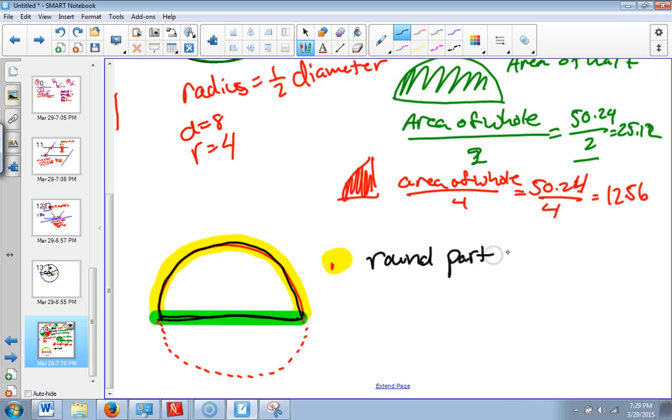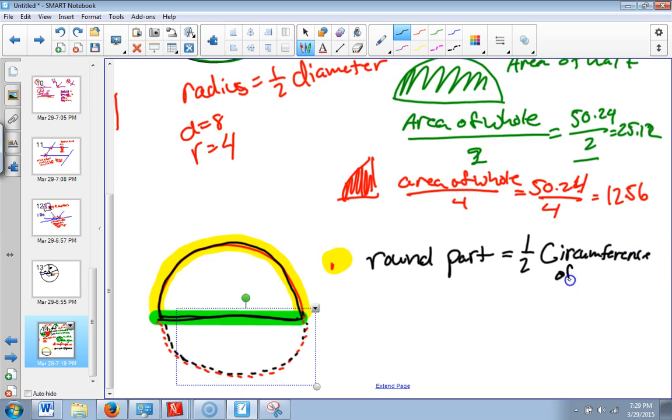The round part is half of the circumference of the whole circle.